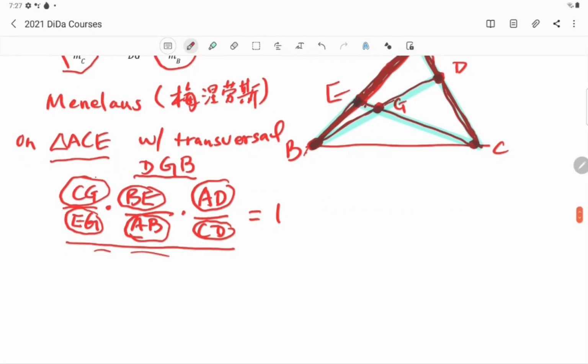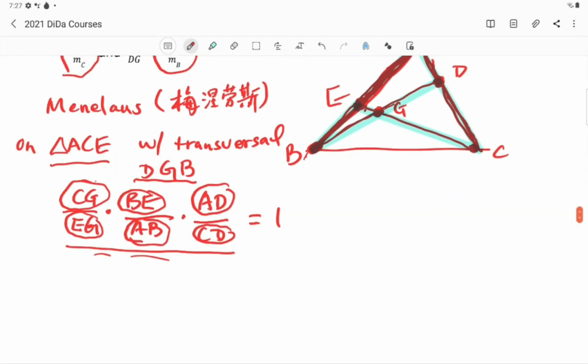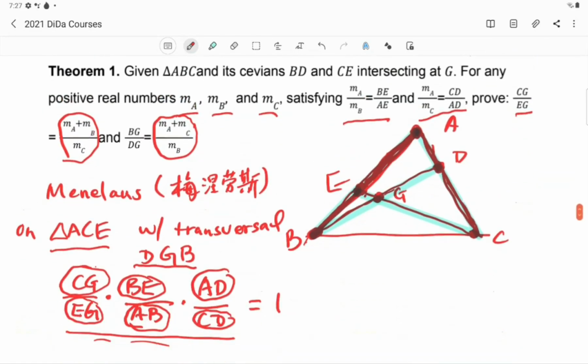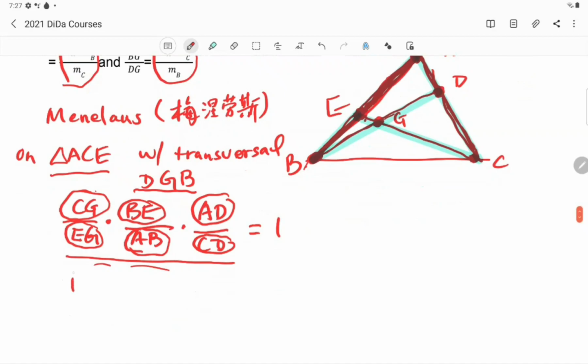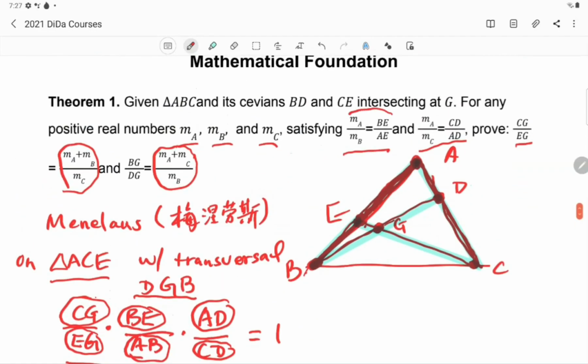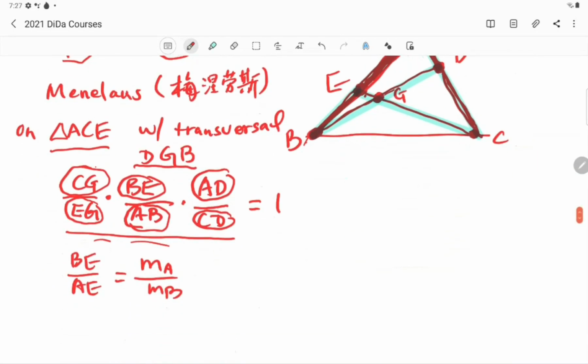And then you plug in. We know BE over AE is MA over MB by this condition. So this will give me the middle ratio in the product, MA over MA plus MB.